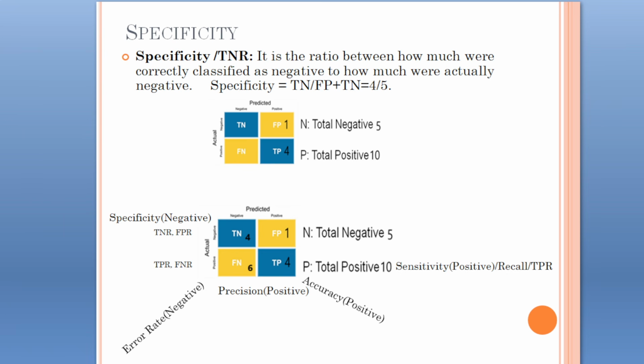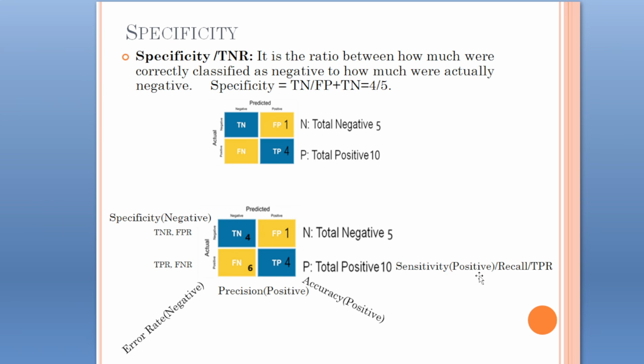The formula for specificity is TN divided by FP plus TN. We have already calculated the values of FP and TN, which are 1 and 4. So the summation of 1 and 4 is 5. So the value of specificity is 4 by 5.